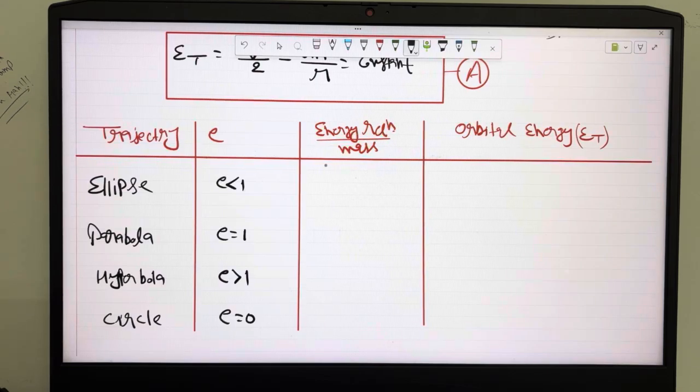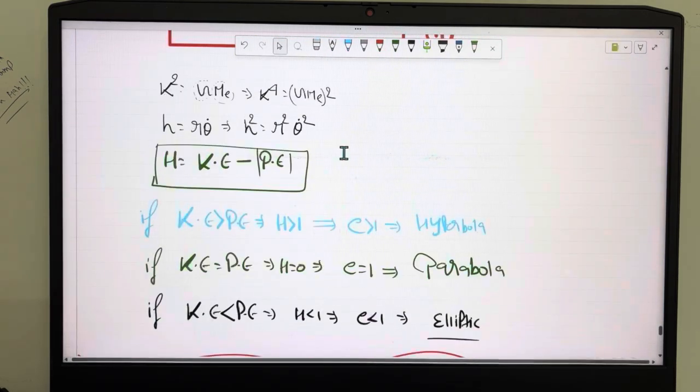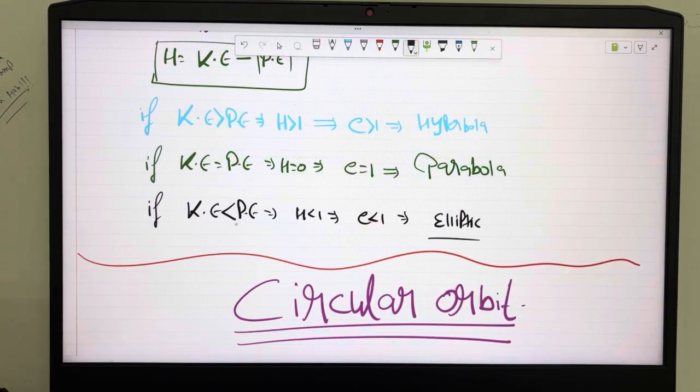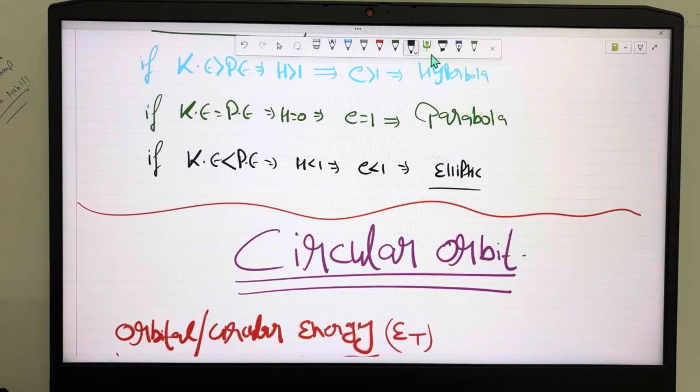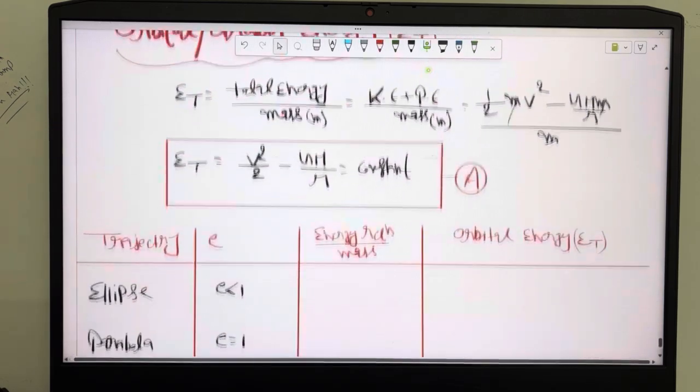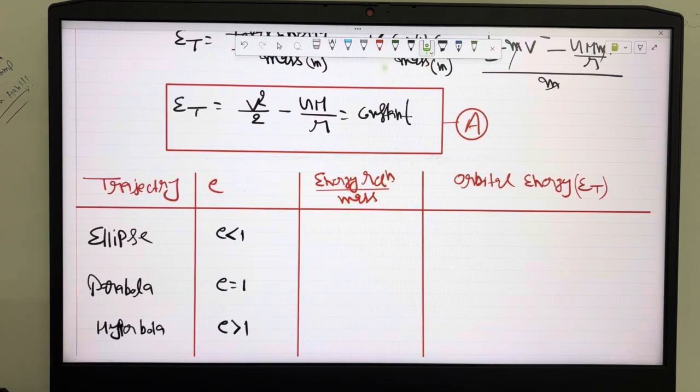What is the energy relation? Let me take the energy relation first. If the kinetic energy is greater than the potential energy, then v square by 2 is greater than GM by r, with of course the minus GM by r here. If these are equal, then v square by 2 is equal to minus GM by r.